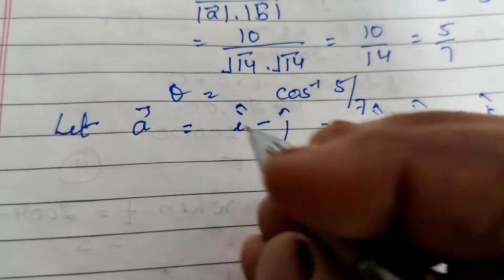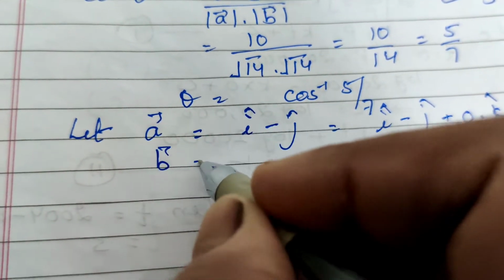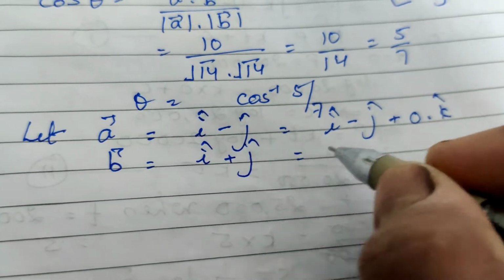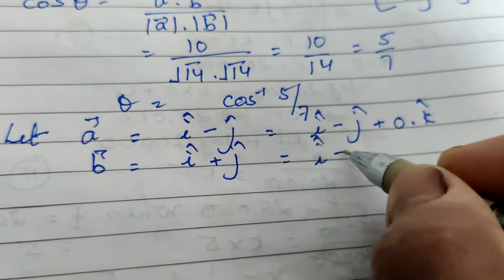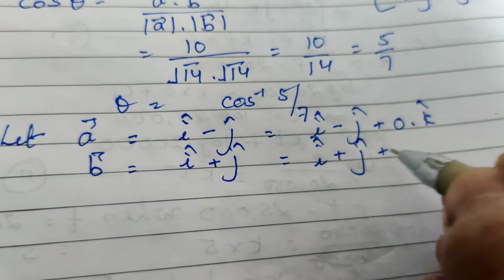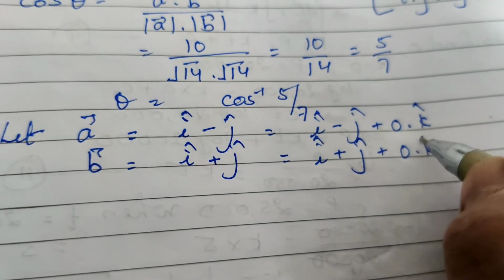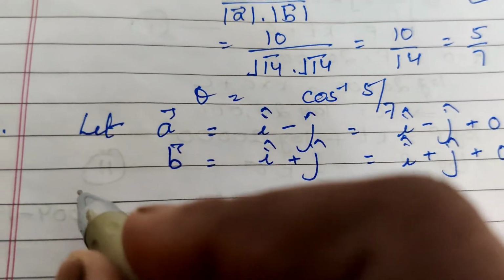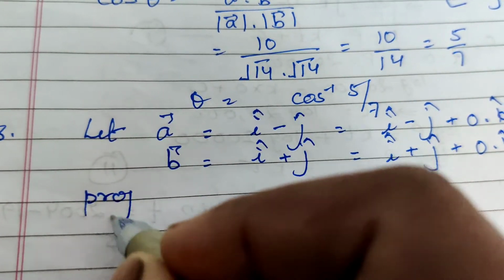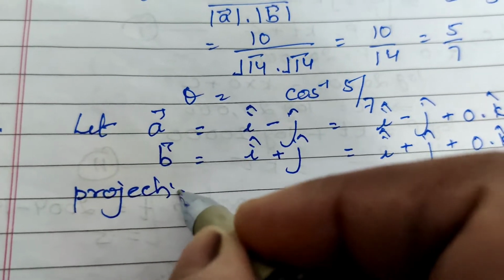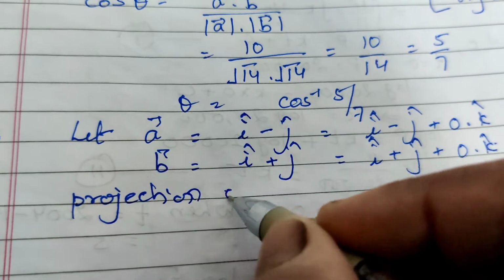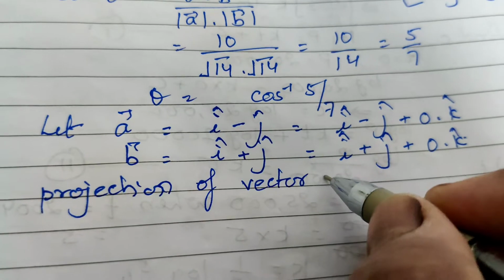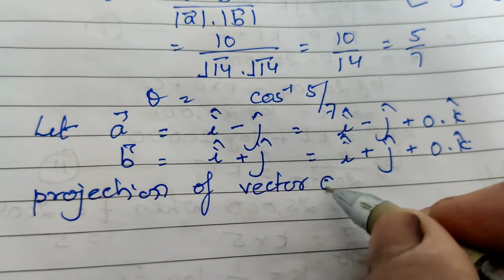And the B vector is i plus j, so we can write i plus j plus 0 dot k. Okay. Now the projection of vector A on B.